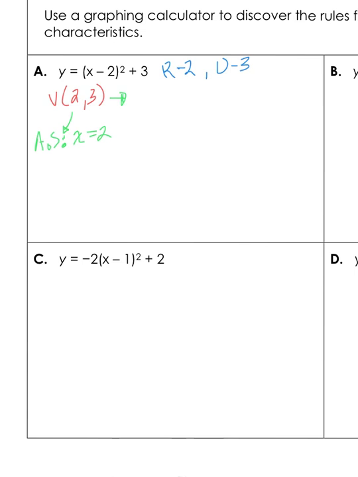And then from the y value of the vertex, I can get my max or min. Well, because a is 1 and that's positive, I know that my parabola opens up. So I'm going to put here, opens up. Because it opens up, we have a minimum. And the minimum is going to equal the y value of the vertex.